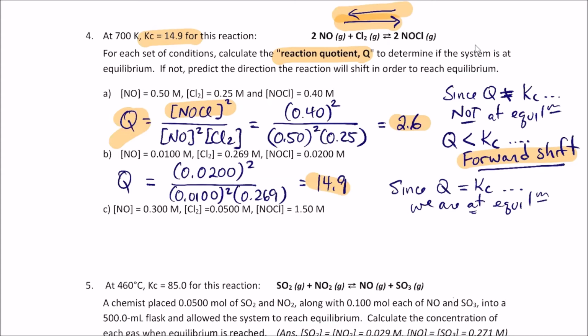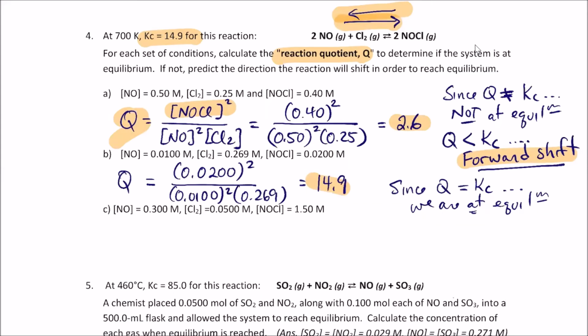So what direction will the reaction now shift? Nowhere. It's a trick question. You're at equilibrium, so it doesn't shift in one direction or the other, right? It's at equilibrium. The forward and reverse rates are equal.